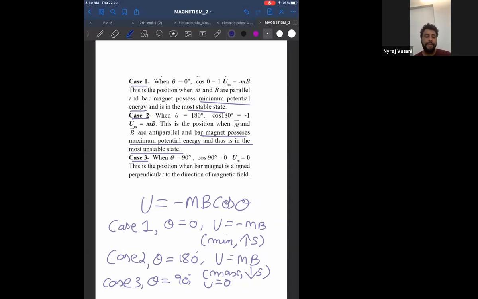Siddesh, that is highest stability and the least stability. This means maximum stability, minimum stability.